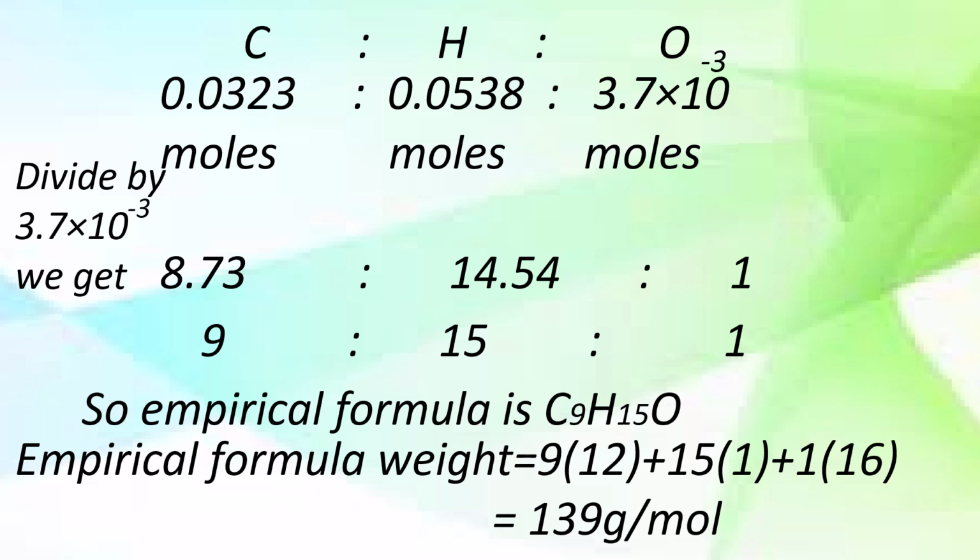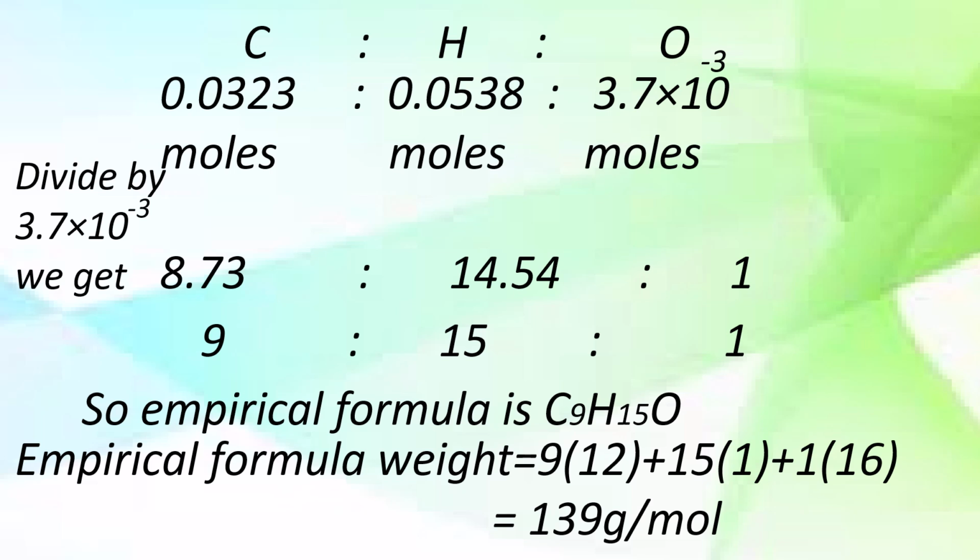So we will divide all these three values by the smallest value, which is 3.7 exponent minus 3. We get moles of carbon 8.73, moles of hydrogen 14.54, moles of oxygen 1.